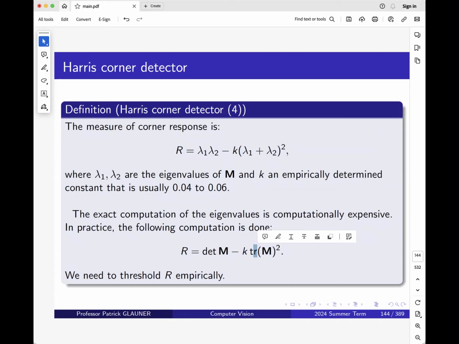Since I'm waiting for you, I guess you're typing it in the chat, but again, you're welcome to turn on your microphone to share this with us. I'll give you a moment to let us know what this trace is.